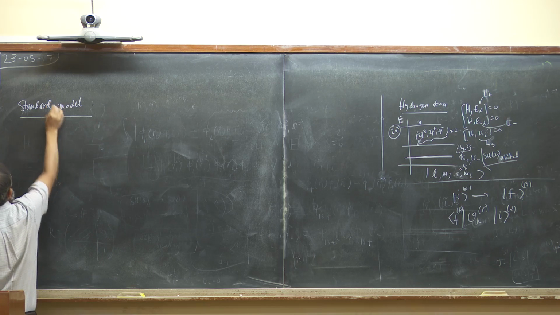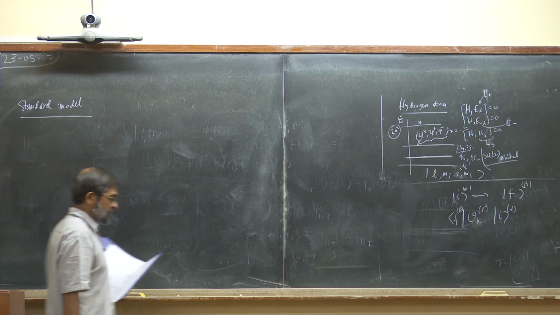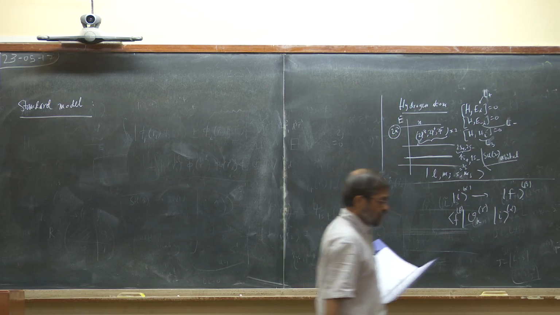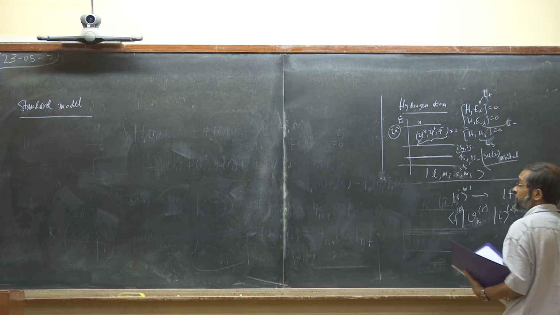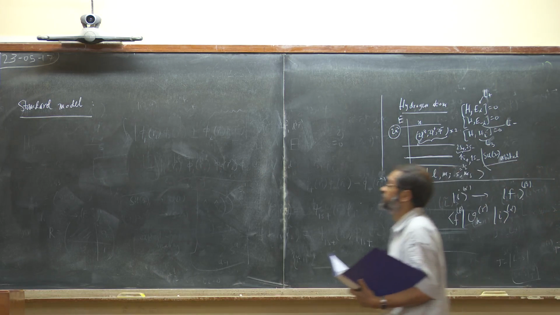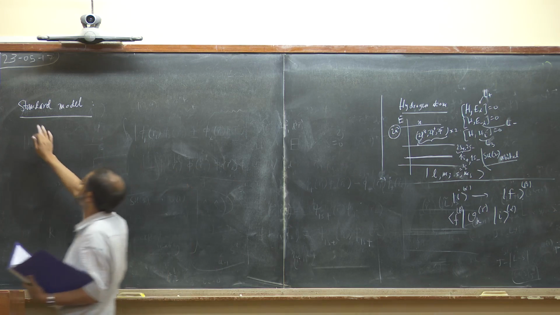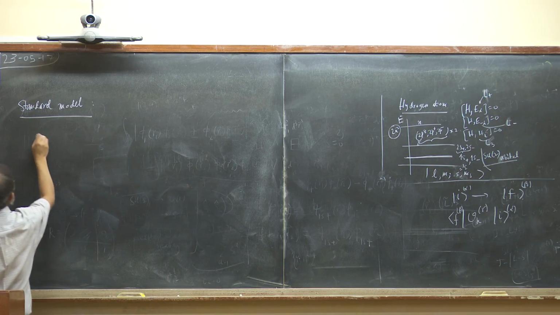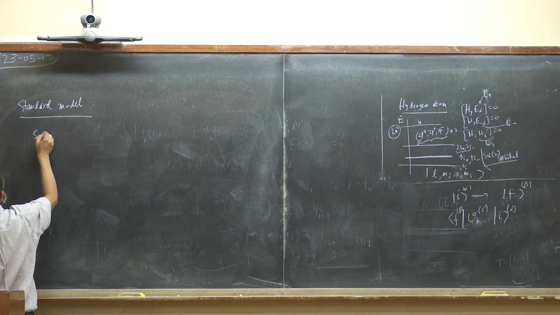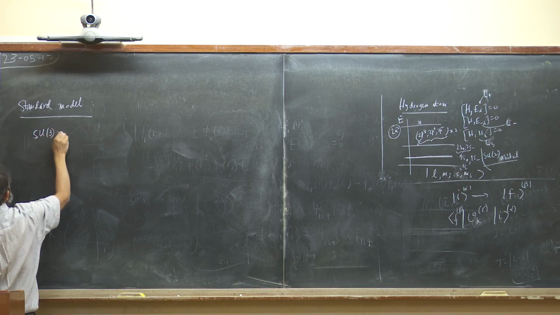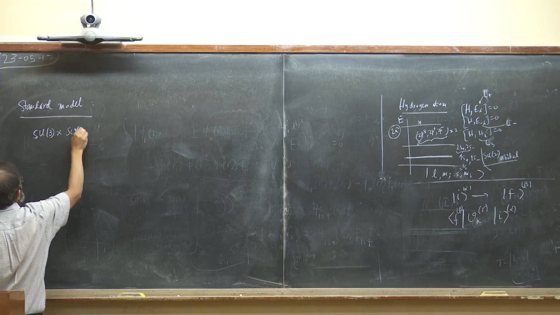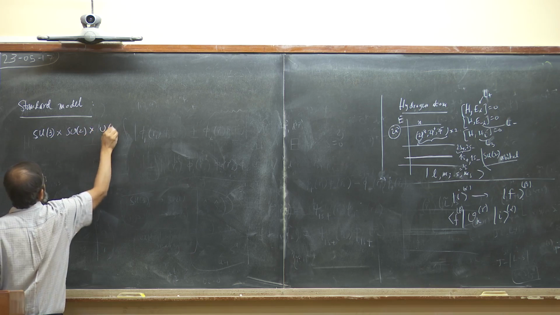Here there's a group, and that group is already a product group, which is operative. That is to say the Lagrangian has a symmetry under SU(3) cross SU(2) cross U(1).